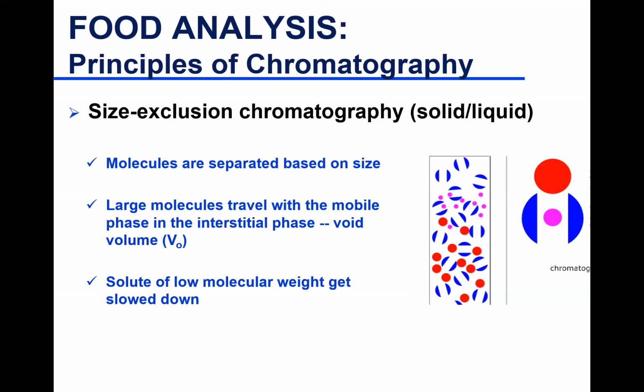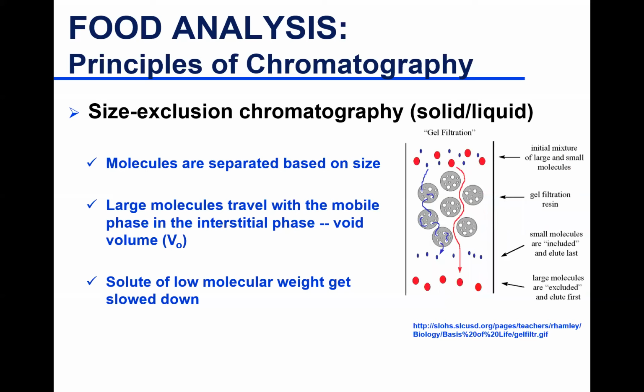So they will take the longest time to leave the column. And there's nothing much you can do about that. There's nothing you can do to increase the strength of your mobile phase. Usually you run isocratic in size exclusion chromatography. So depending on the size, the largest come out first and the smallest comes out last.